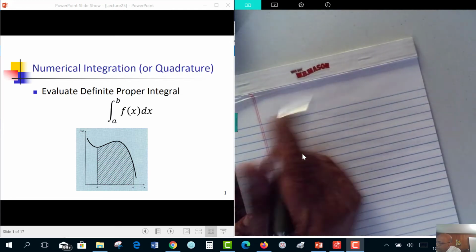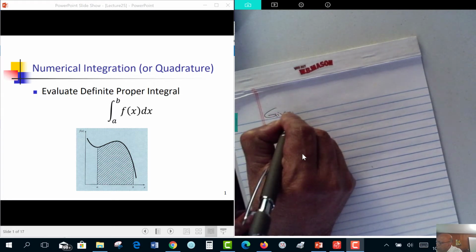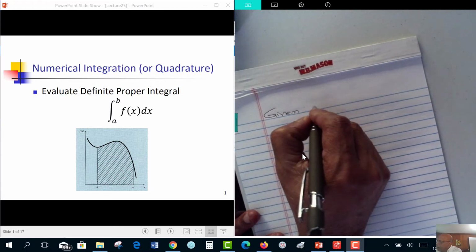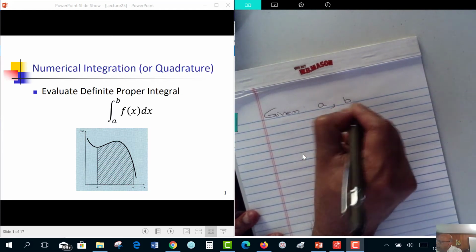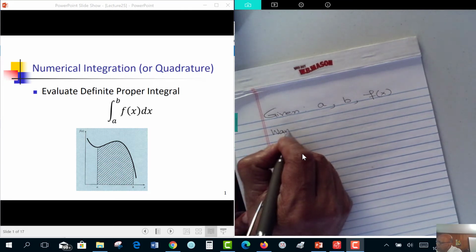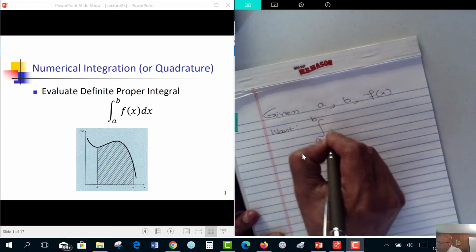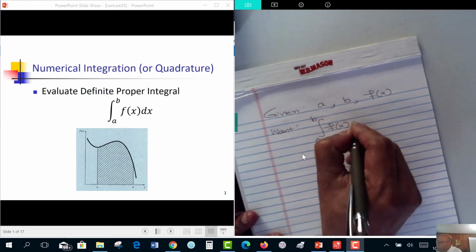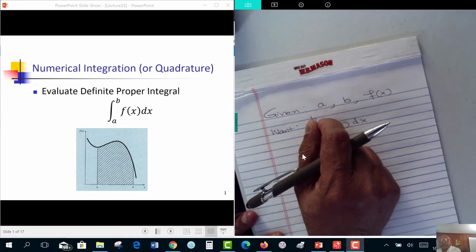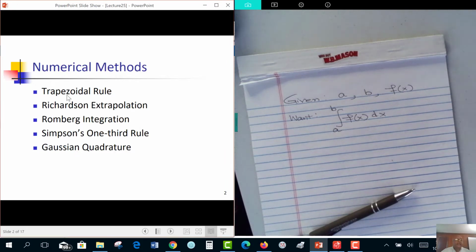So we are given a, b, and a function of x, and what we want is the integral from a to b of this function with respect to x. And I said we are going to cover all of these methods.